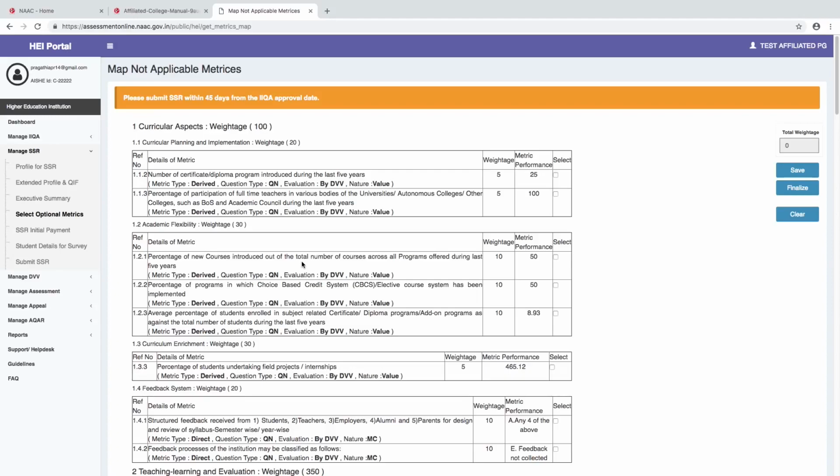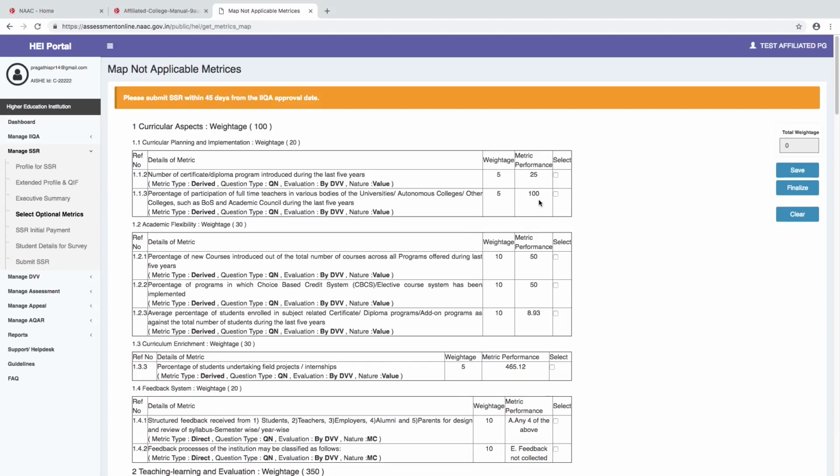For example, if you are opting out a total of 49 weightage, the total CGPA of your institution will be calculated based on 951 and not 1000 weightage. There are set rules for the opt-out that are available on the NAAC website. It would be a wise decision to fill in the SSR and look at the metric performance and then choose to opt out.